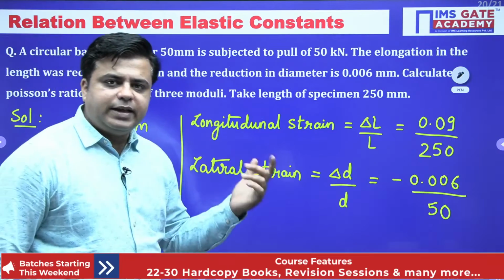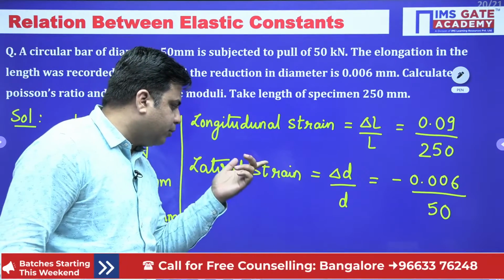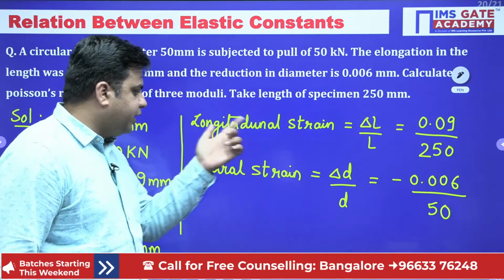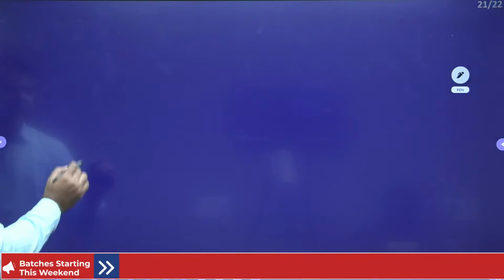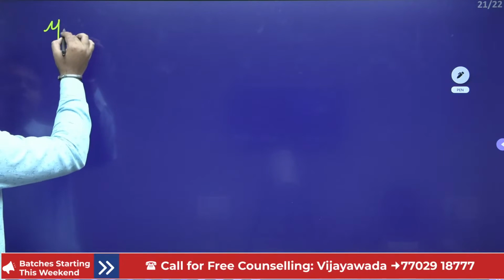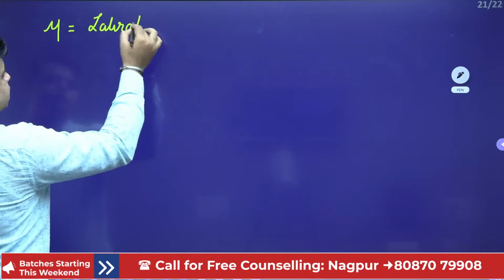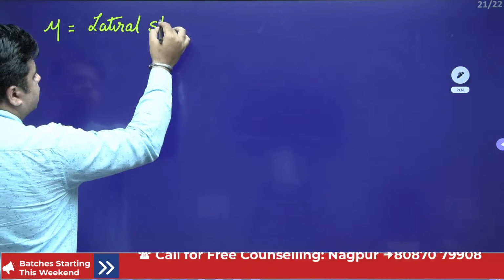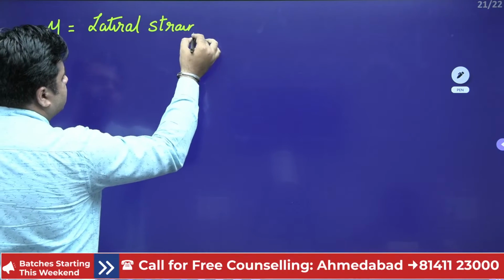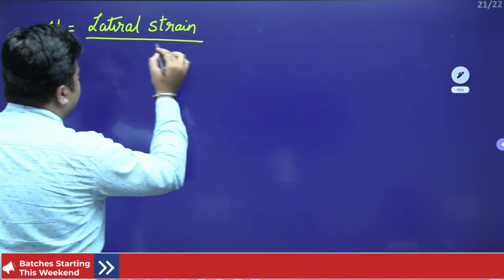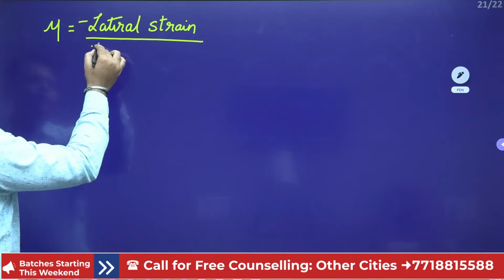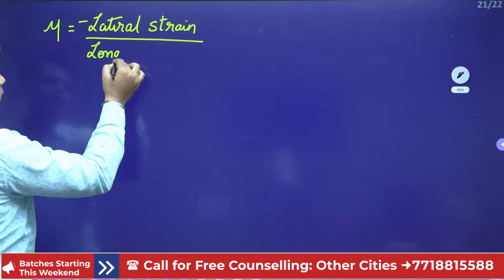For calculating the Poisson's ratio, it is very simple. Poisson's ratio is lateral strain to longitudinal strain with a minus sign. So your Poisson's ratio mu is minus lateral strain to the longitudinal strain.